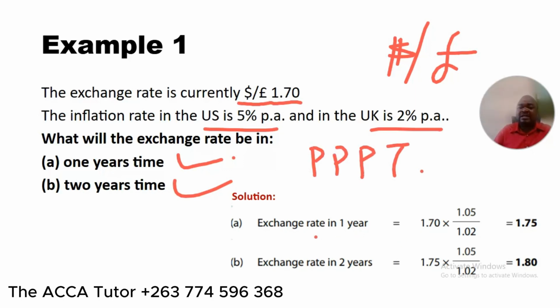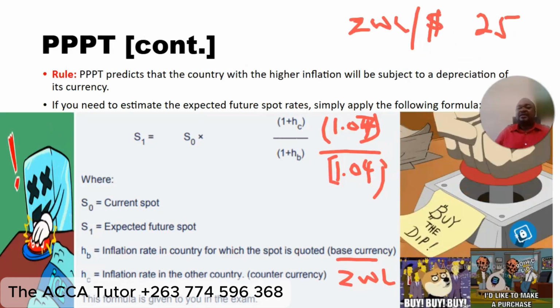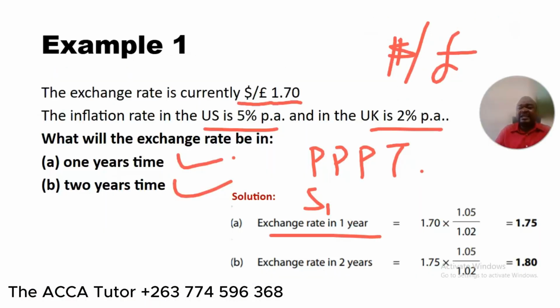We know that the exchange rate in year one, which is our S1 from the formula, is equal to the current spot rate today. The spot rate today is given here as dollar per pound 1.70.